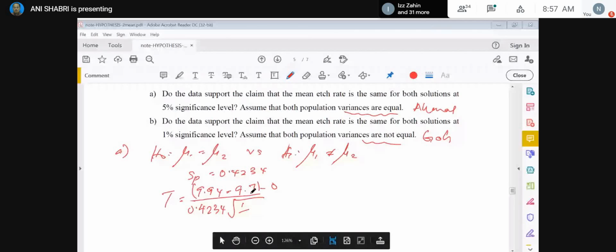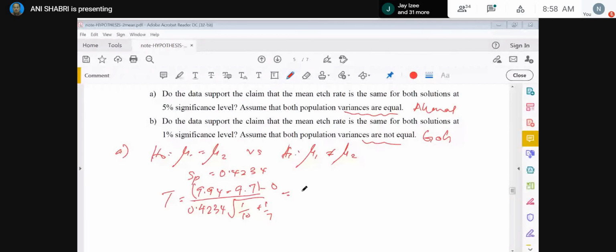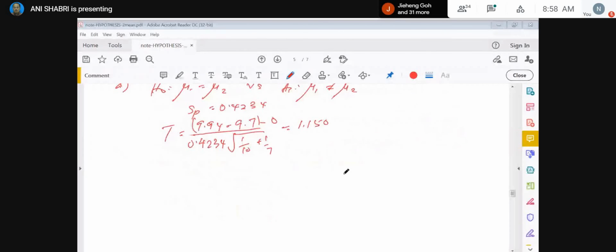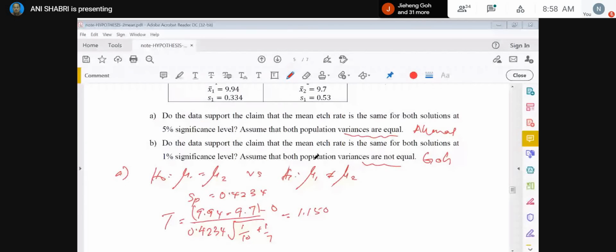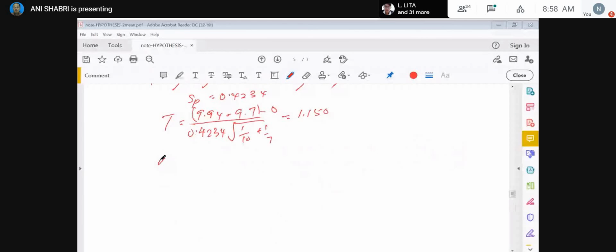Okay, the T value is 0.1 per 1.15, 1.150. Okay, after that compare using alpha. Okay, alpha for here is 0.05. Alpha must divide by 2. 0.025. The B is equal. 10 minus 7 minus 2.